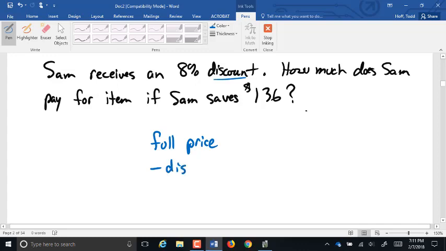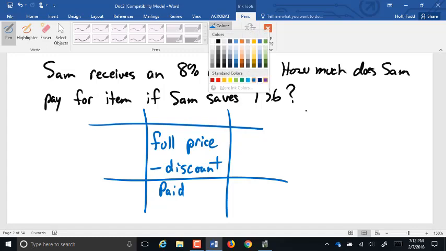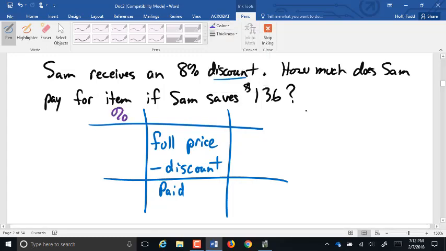So from that full price, we subtract a discount. Once we subtract, that gives us the amount paid. So if we look at those items, again, the goal is to describe each of those items in two different ways. One way as a percent, the other way, in this case, as a dollar amount.